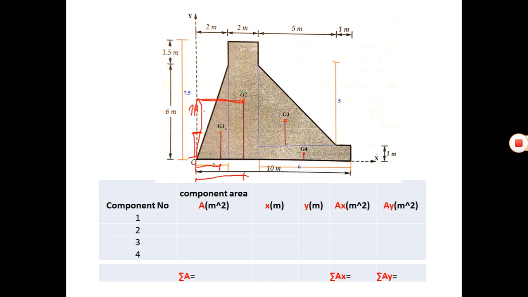Similarly for here, the height in the y-axis, and up to here, we need to find its location from the x-axis.